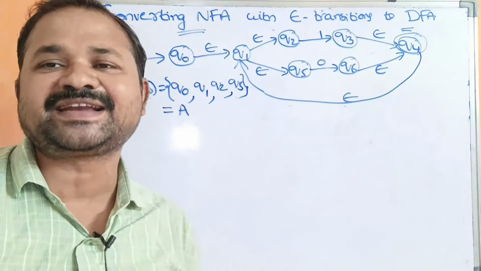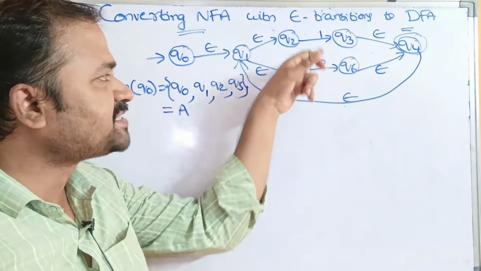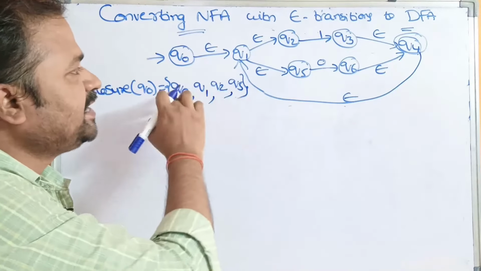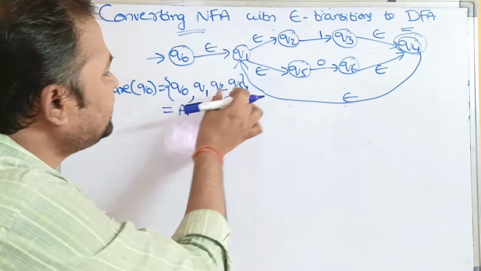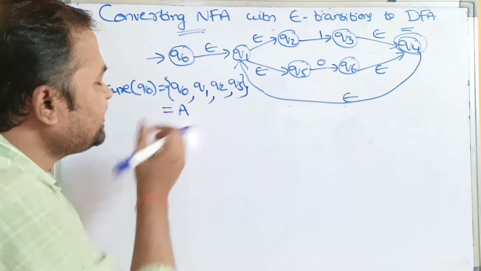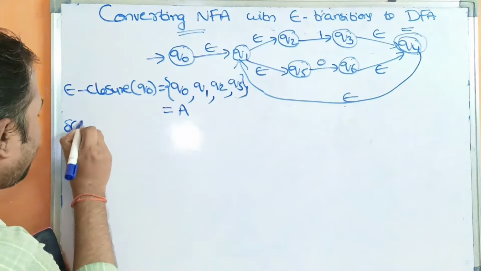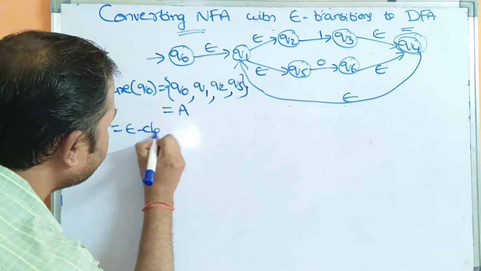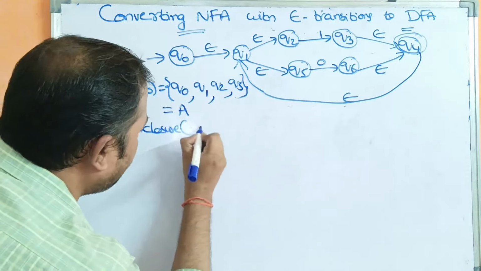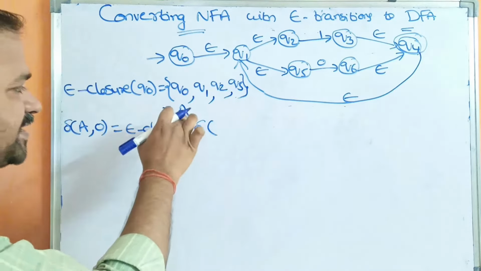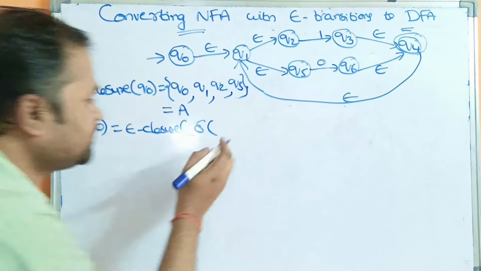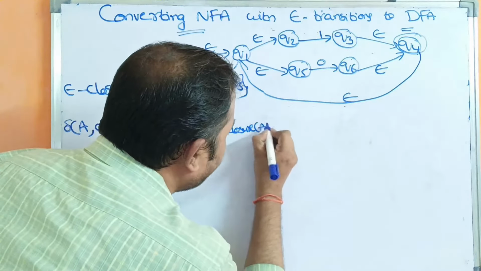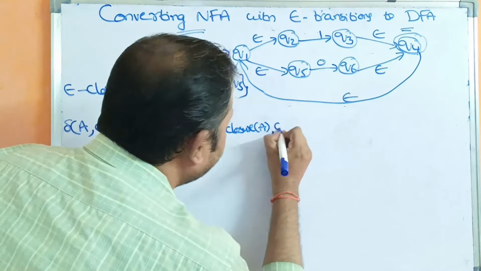Now we need to calculate the transition functions by applying the symbols 0 and 1. Here A means Q0, Q1, Q2, Q5. Let us calculate delta of A, 0. The formula is the epsilon closure of delta of the epsilon closure of A, comma, 0, where 0 is the input symbol.